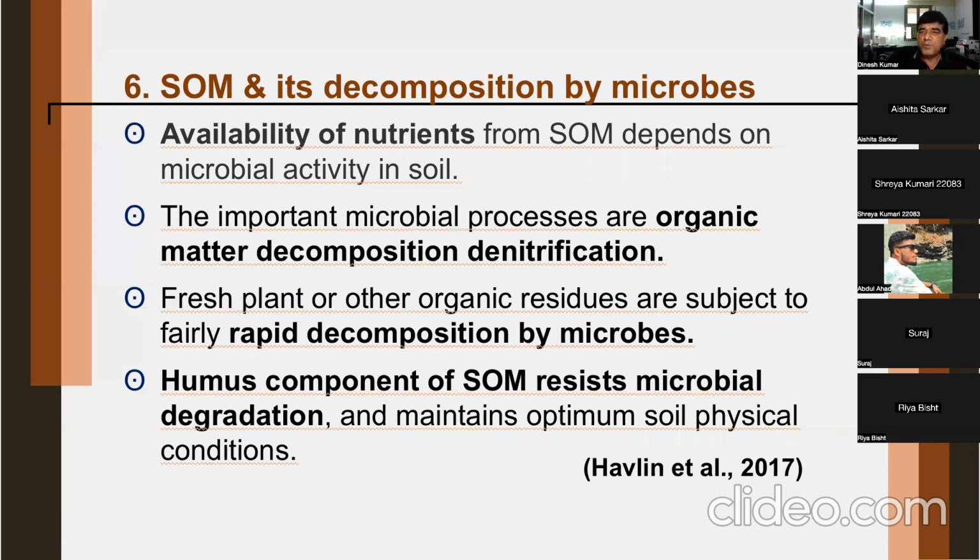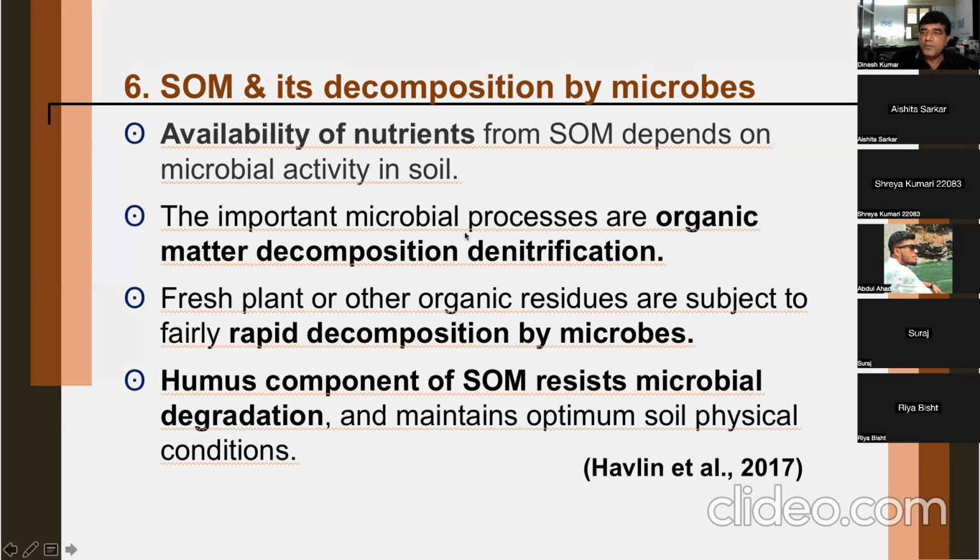Availability of nutrients from soil organic matter depends on microbial activity, and the factors which affect microbial action will also affect the nutrient availability or decomposition rates. Important microbial processes are organic matter decomposition and denitrification.